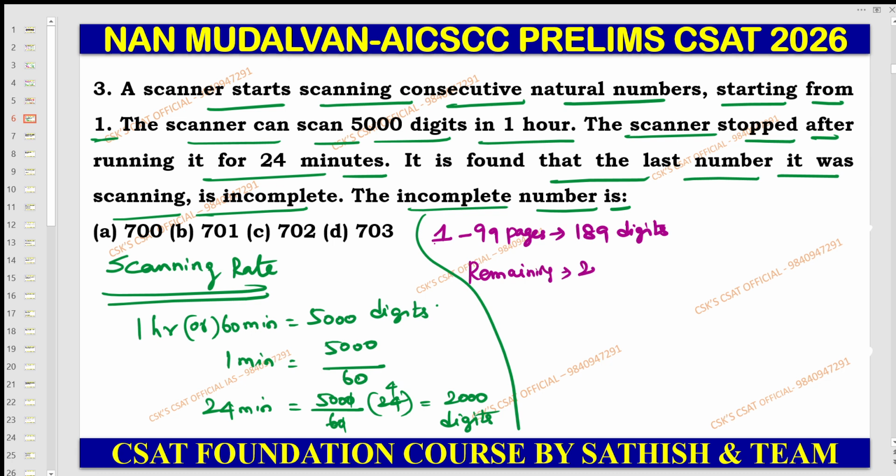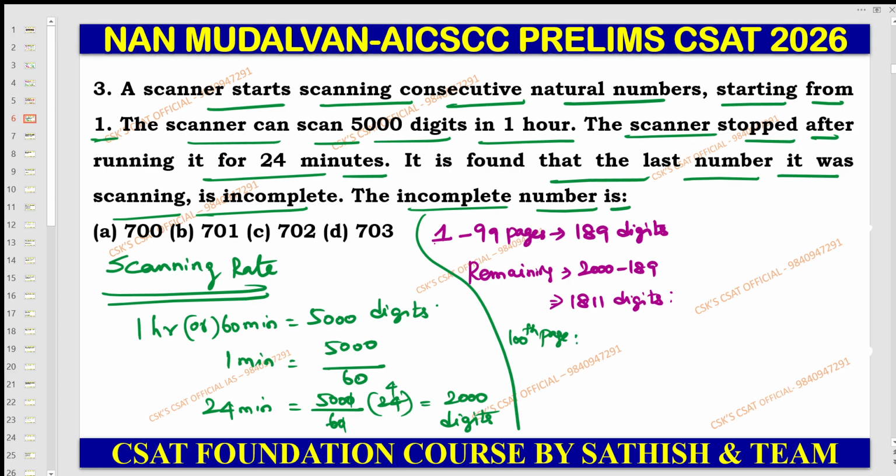So remaining 2000 minus 189, becomes 1811 digits left to scan. So now 99 pages are over for those 189 digits. So now you are going to start from page 100.